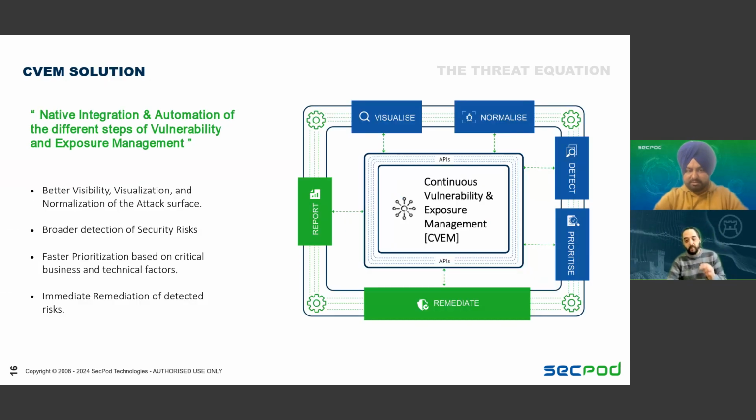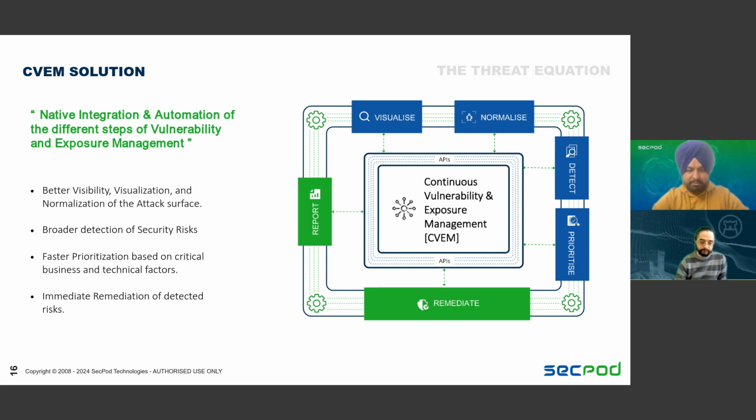And that's how we have put it together, right? The technology to make sure IT security teams are able to implement the technology that we preach. So visibility, normalization, the ability to continuously prioritize, and then not another tool for remediation.